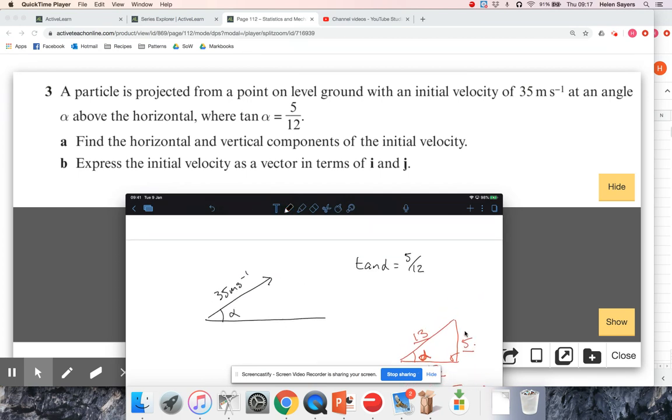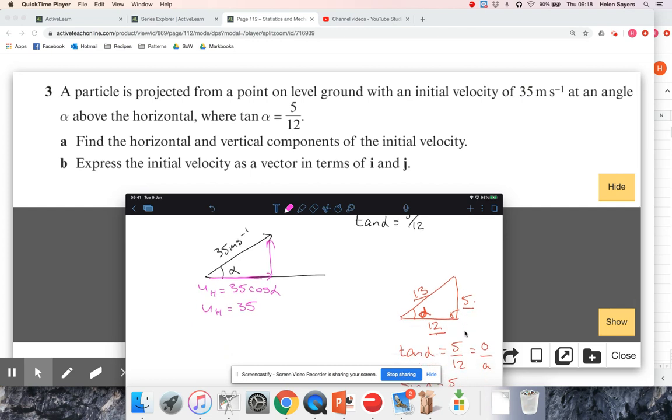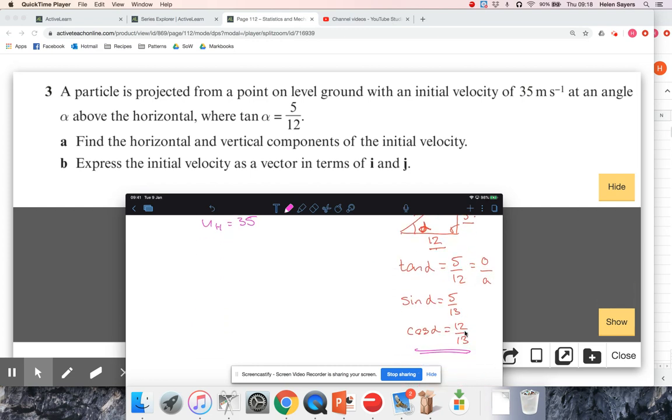Okay, so I'm after the horizontal and vertical components. So again, I'm just basically making a right angle triangle. So the horizontal velocity is going to be 35, and then that's adjacent to alpha. So 35 cos alpha. And I worked out there that cos alpha was 12/13.